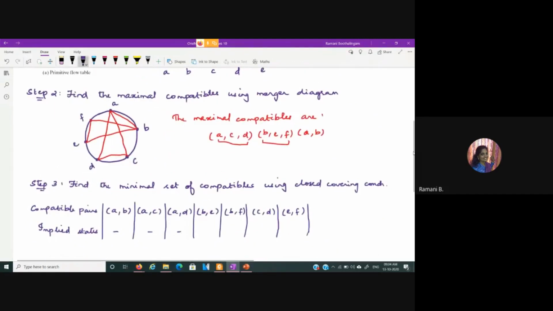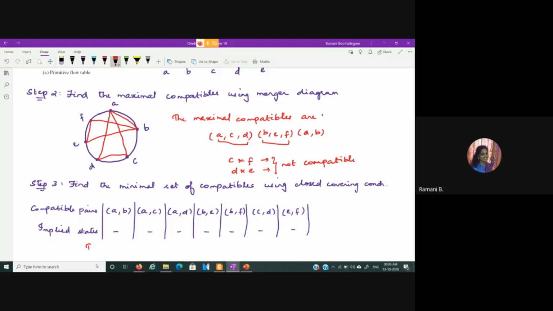So here in this case, as I was mentioning, you cannot say the state C and F to be equivalent and D and E to be equivalent. These are not compatible. They can never be equivalent states because they have different output conditions. So you have to go with this simplification alone.